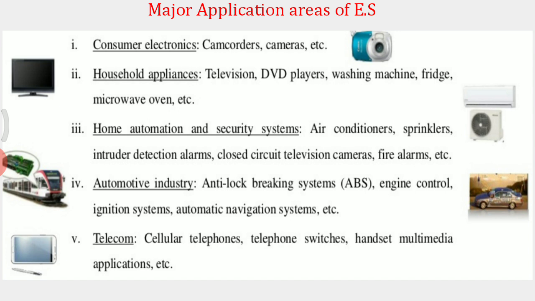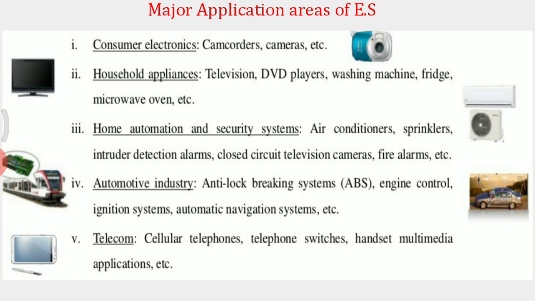Like DVD players, automatic washing machines, top load and front load, fridge, and microwave ovens. Home automation and security systems like air conditioners, sprinklers, intruder detection alarms, closed circuit television cameras like IP cameras, or fire alarms. In all these areas, embedded systems can be employed.